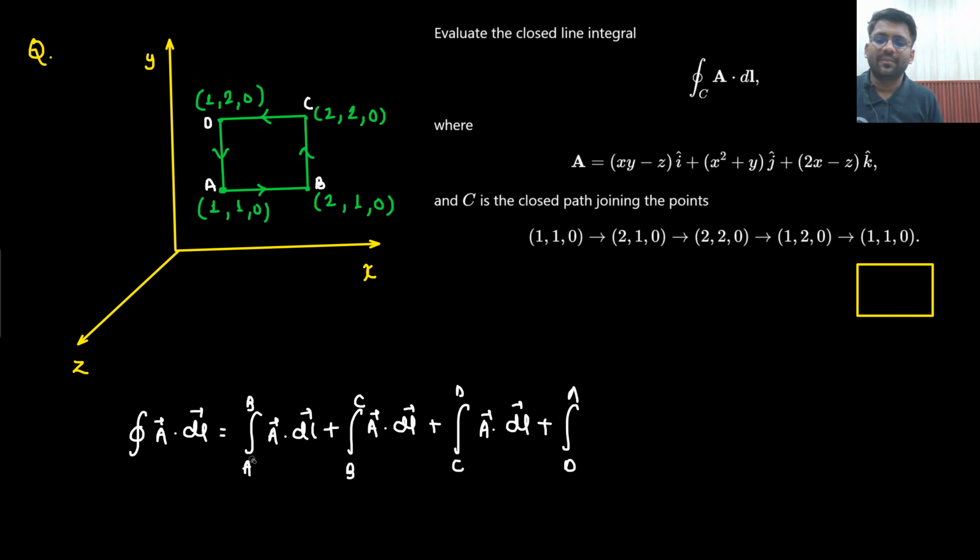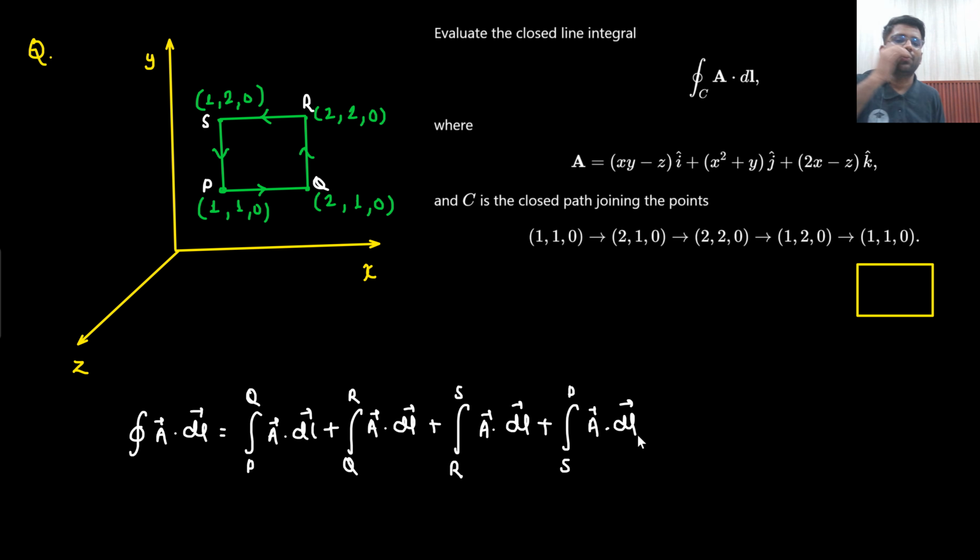Again, instead of A, B, C, D, I am writing down P, Q, R, S, because A is the vector field itself, no? So let's write down PQRS. P to Q, Q to R, R to S, S to P, A dot dl.